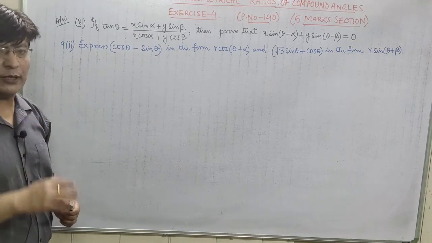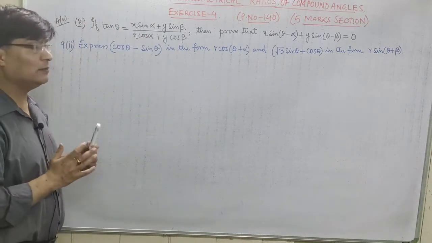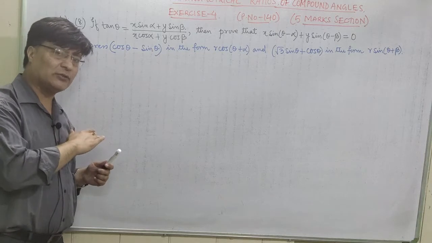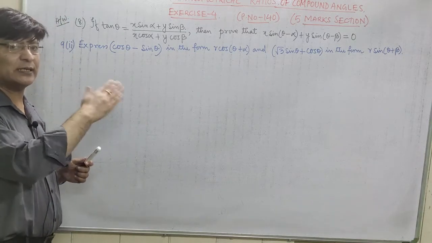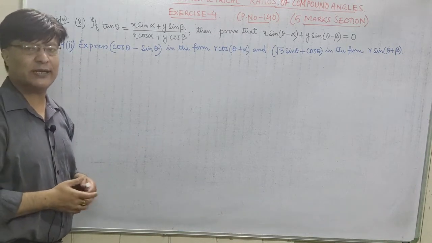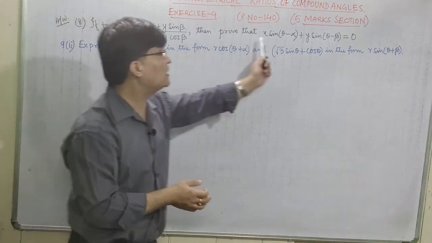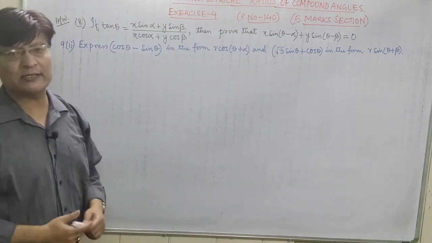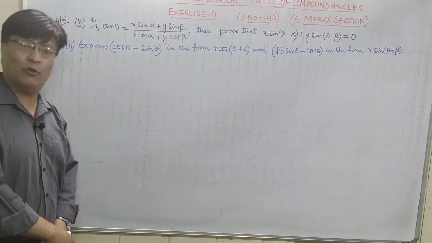Then you can do cross multiplication. Then you can keep the terms containing x on the left hand side and y on the right hand side. Or you may take all the terms to the left hand side and take common x and common y, and you can easily prove this result, that is left hand side is equal to 0. So this question number 8 is your homework.